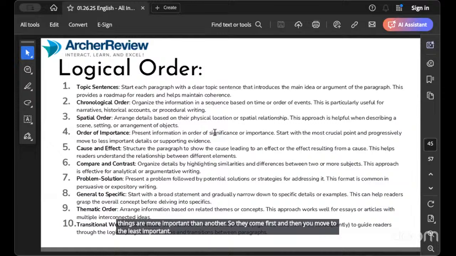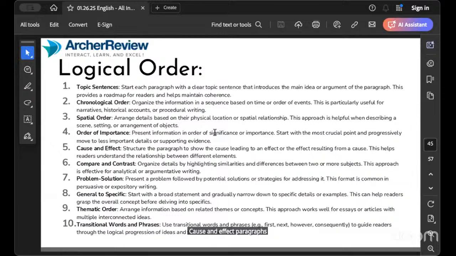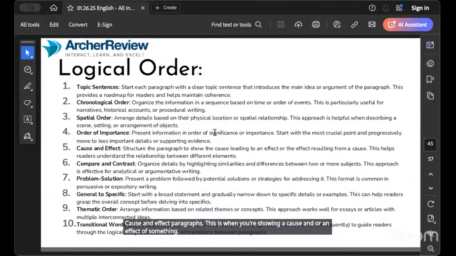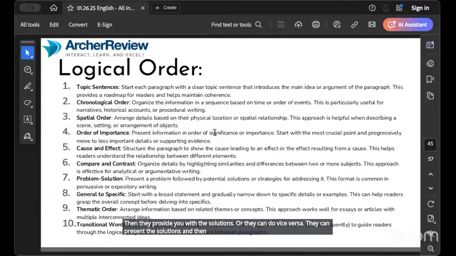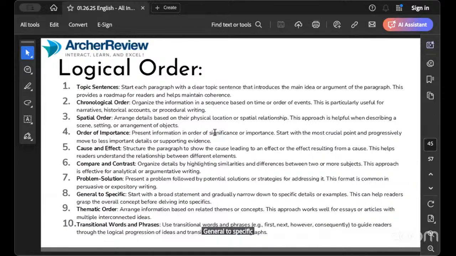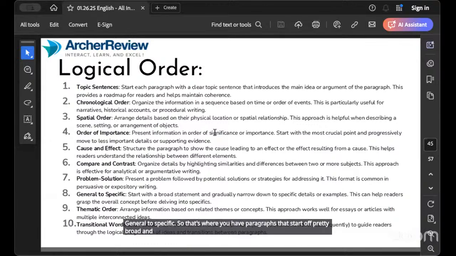Cause and effect paragraphs, this is when you're showing a cause and or an effect of something. Compare contrast, same thing. It's either showing compare and or contrast. Problem and solution, these are starting to become more popular. So they present a problem, then they provide you with the solutions. Or they can do vice versa. They can present the solutions and then illustrate the problem. General to specific, so that's where you have paragraphs that start off pretty broad and then go very narrow.